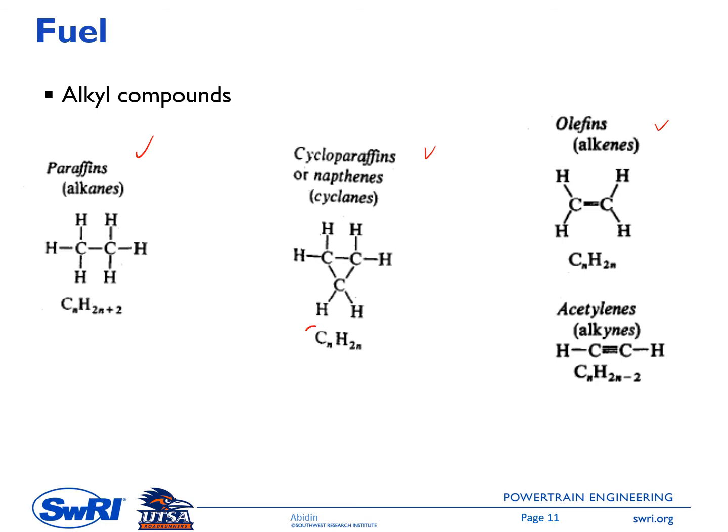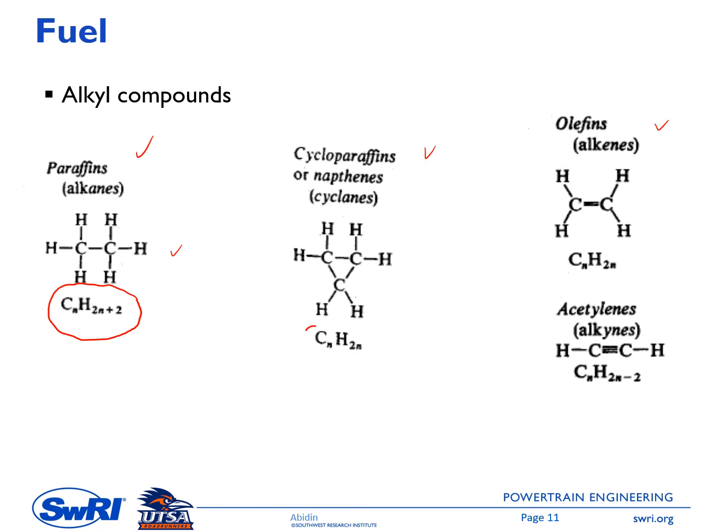It's called saturated because no more hydrogen can be added to this structure. Each C has already 4 arms here, and this is the chemical formula of paraffin: CnH2n+2.